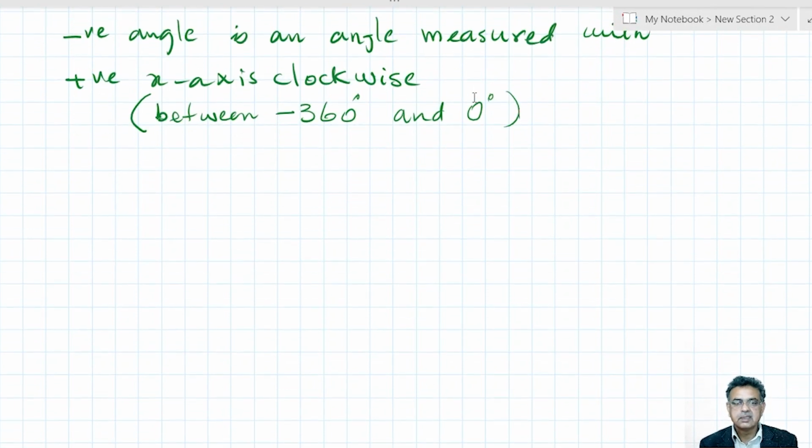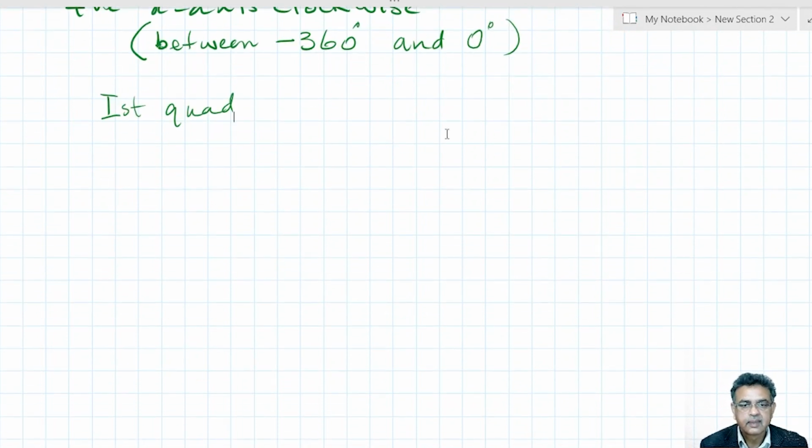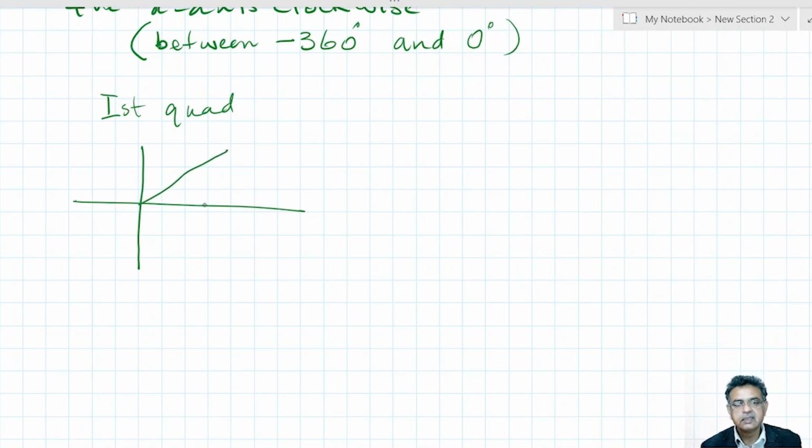These are negative angles. So once again in different quadrants, in first quadrant, if we draw in first quadrant, line is here to make an angle. This is positive x-axis.